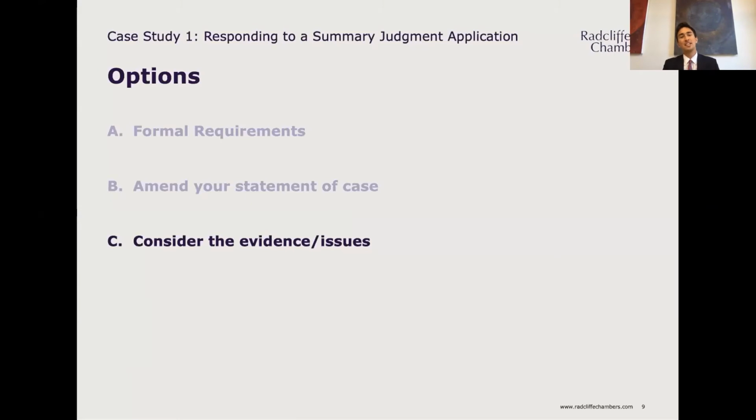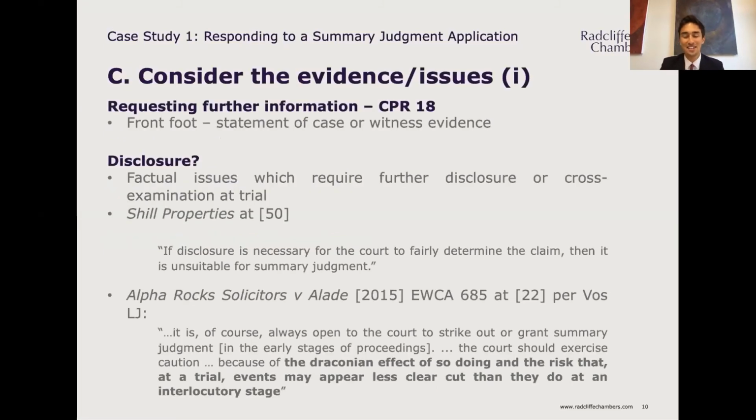And the final thing you need to consider when looking at responding to a summary judgment application is something which I've described as considering the evidence and the issues, as broad and vague as that sounds, but hopefully this will provide you with some more information.